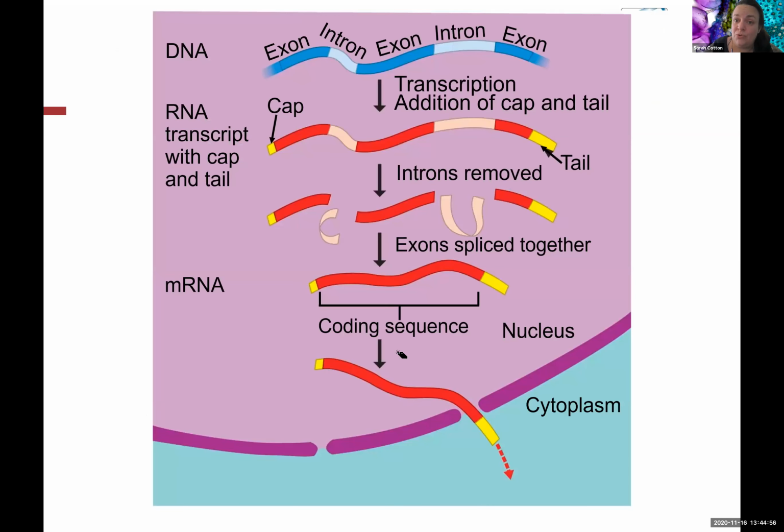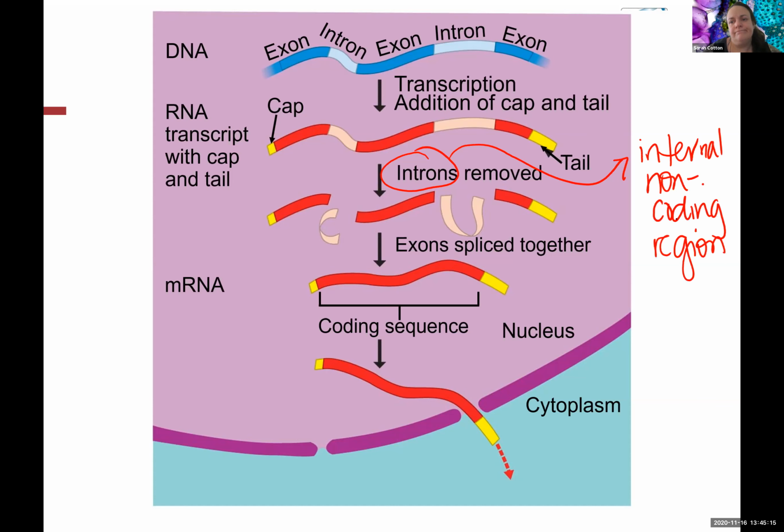The word we use to abbreviate that is intron. So intron means internal non-coding region. Exons are the pieces that code.